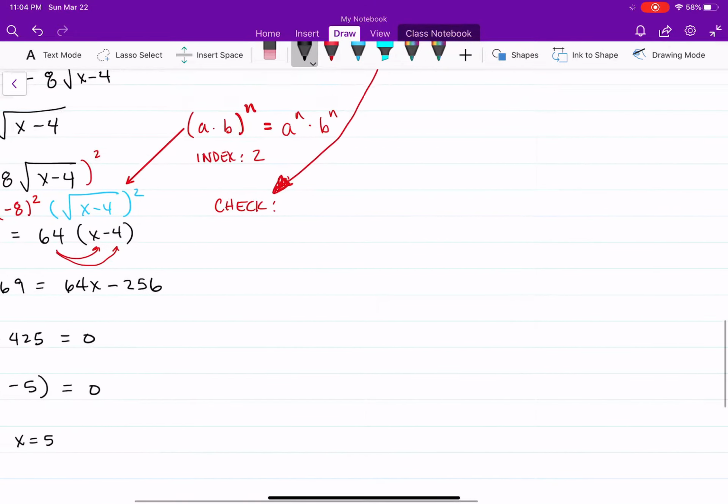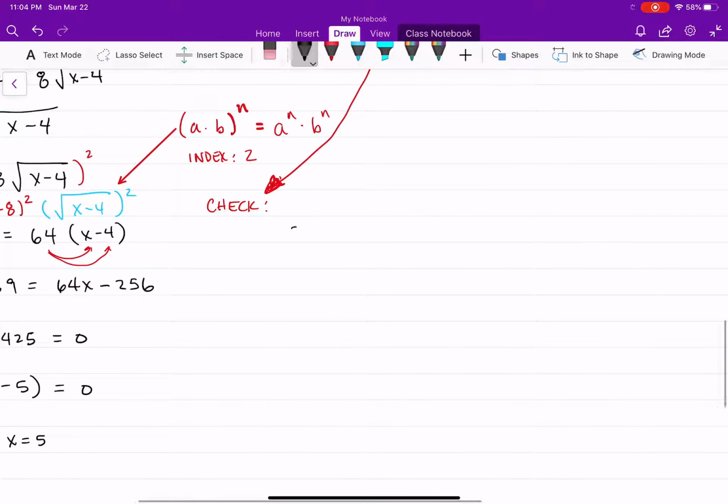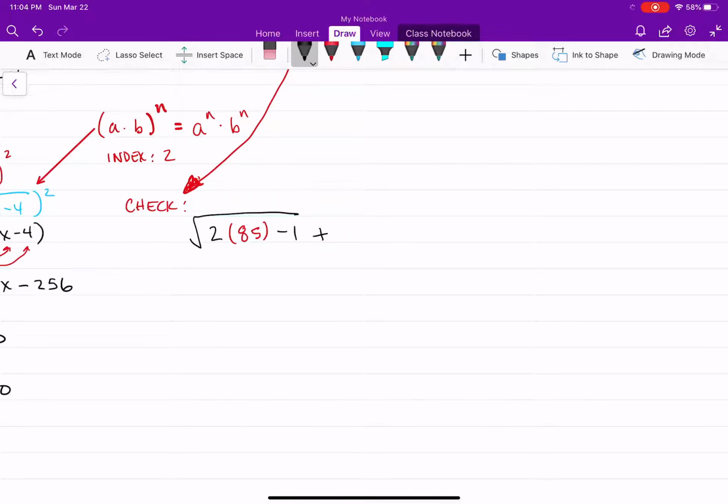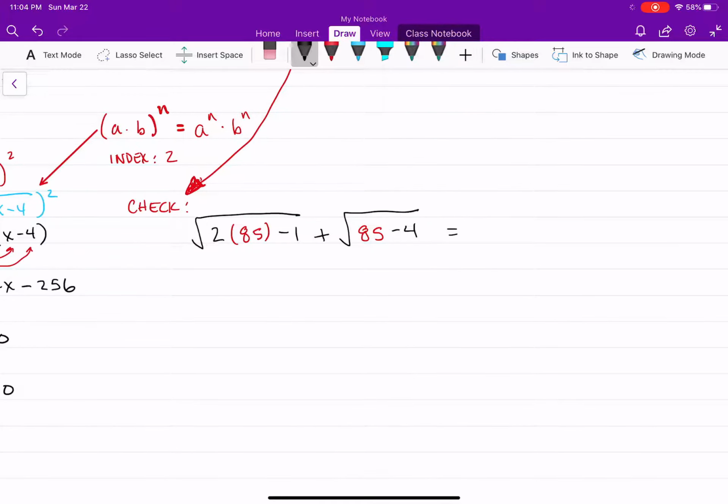So I'm gonna have the square root of 2 times 85 minus 1, which is square root of that, plus the square root of 85 minus 4. That's the square root as well. And see if that equals 4. That is a big fat question.